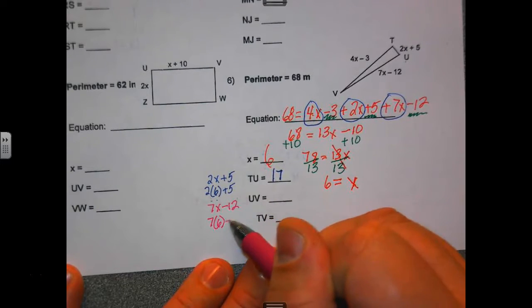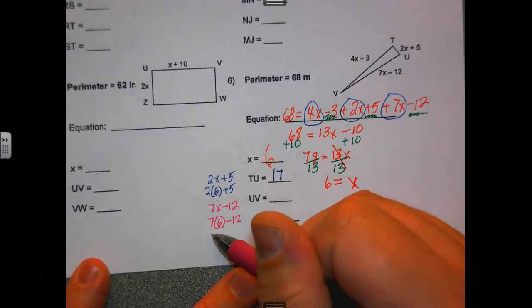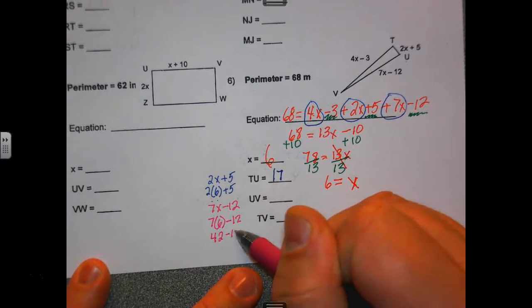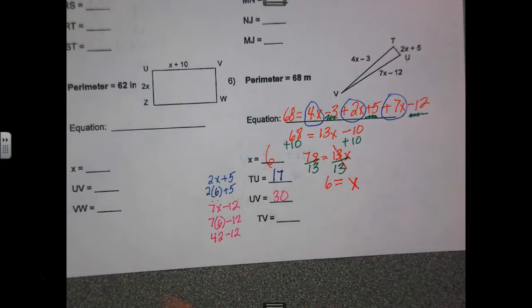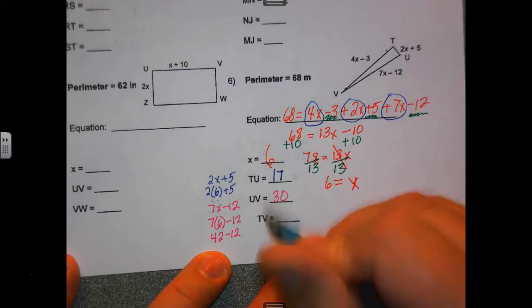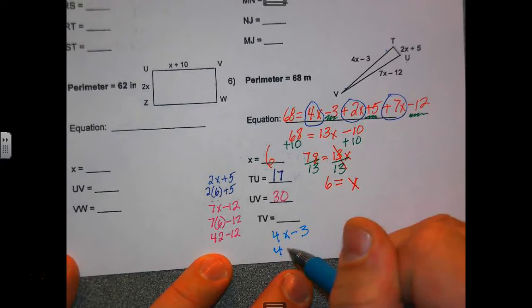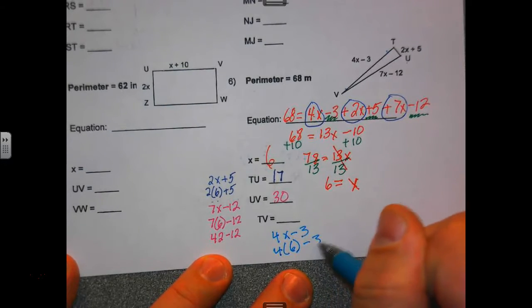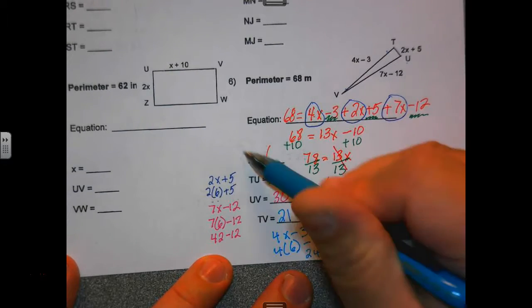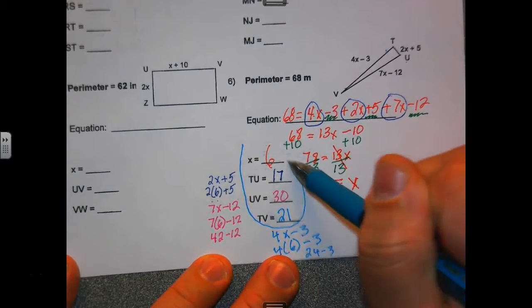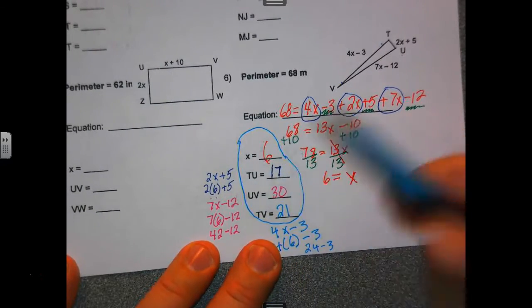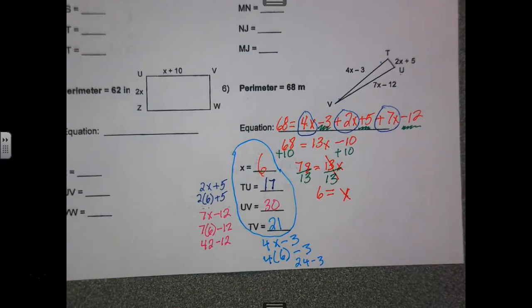Going to substitute it in. 7 times 6, 42 minus 12, 30. And TV? TV is 4x minus 3. x is 4, or I'm sorry, 6. 24 minus 3, which is 21. Questions, comments, concerns?